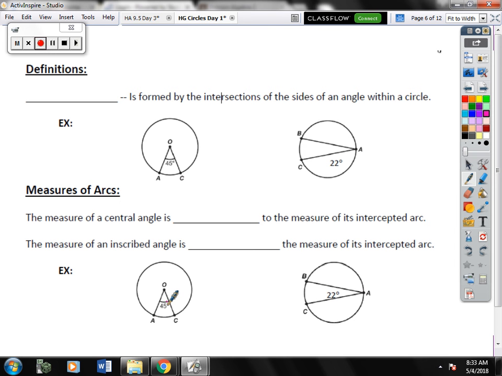But the definition up here we have is intercepted arc, which is the arc formed by the intersection of the sides and an angle within a circle. So if you have a highlighter or you just want to use your pencil, this would be our intercepted arc because the two sides intersect the arc at that point. This one we have an inscribed angle. This would be the intercepted arc.